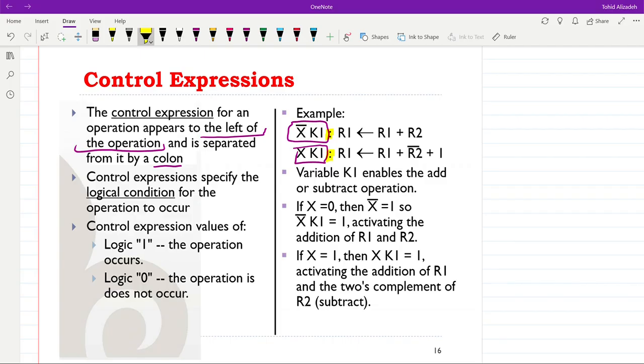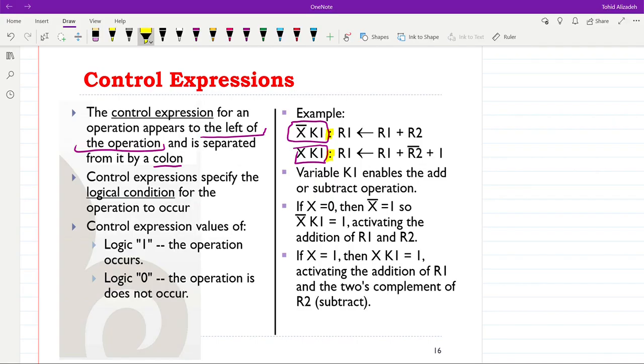As I mentioned, the control expressions determine which logical or arithmetic operation should be performed based on a logical condition. Therefore, what we receive as the result of evaluating this control expression would be in the form of a 0 or a 1. So if we end up with a 1, it means that the operation in front of it should be performed.